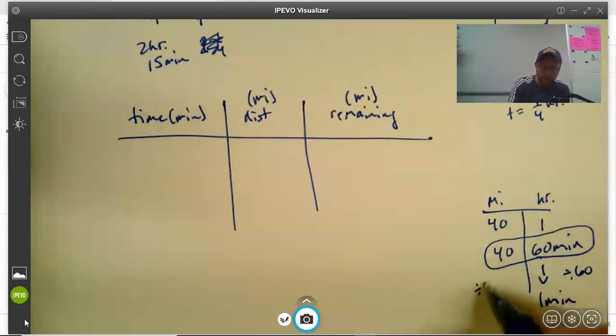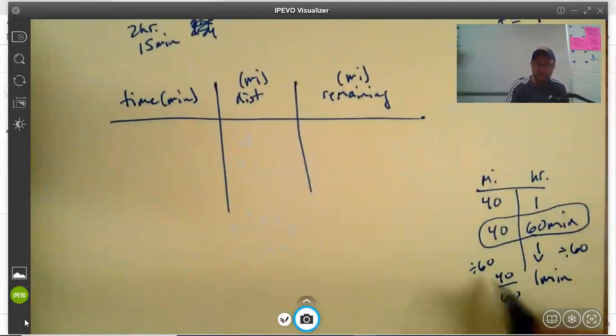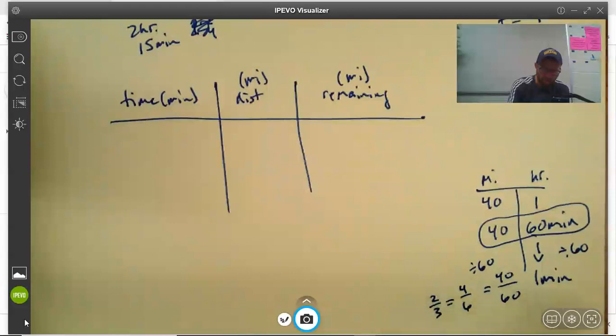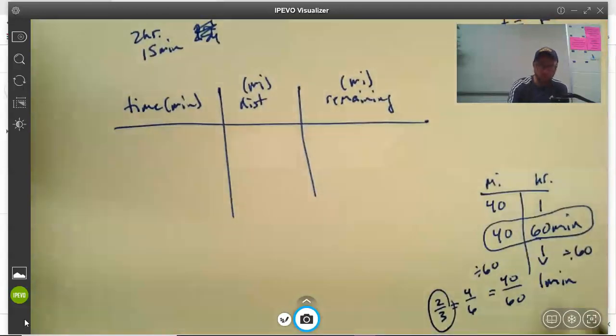So I'm going to divide by 60 over here, and 40 divided by 60 we can write as a fraction, 40 over 60, which simplifies to 4 over 6, or 2 over 3. All right, so 2/3 of a mile for 1 minute.